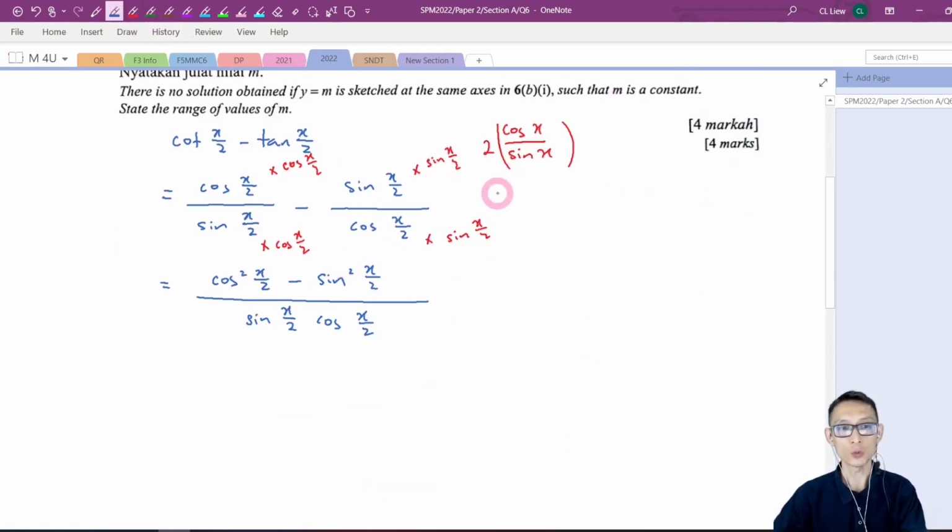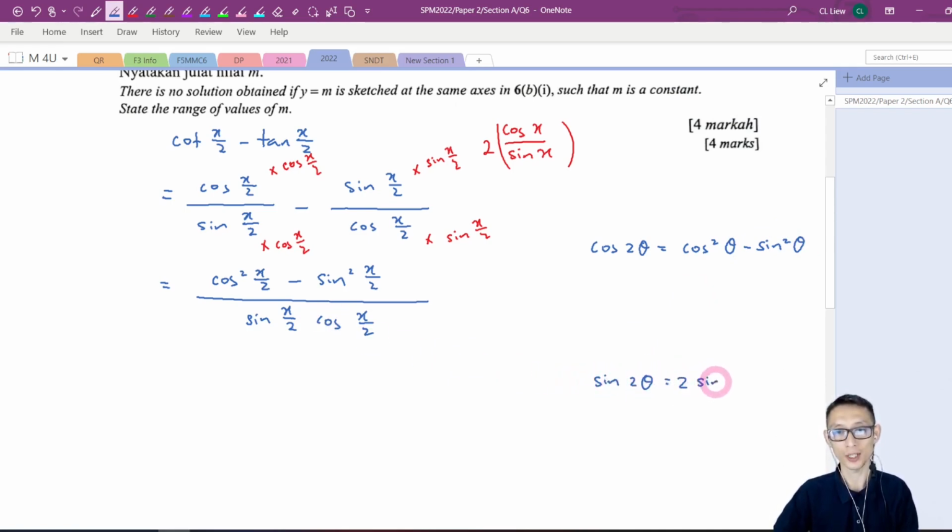Okay, so here you need to know this: cosine 2 theta is equal to cosine square theta minus sine square theta, right? So another formula that you need to remember to solve this question is sine 2 theta is equal to 2 sine theta cosine theta. Okay, but now this is cosine square x over 2, sine square x over 2. We can modify this.